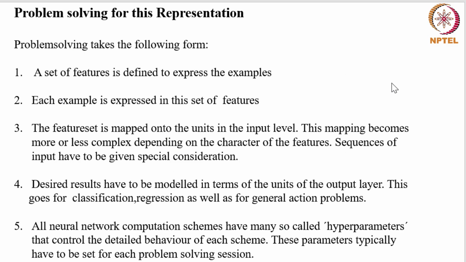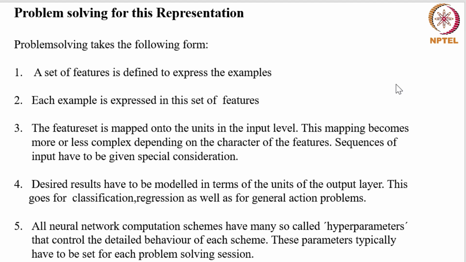So let's now look at how problem solving is carried out for this kind of representation. You hopefully now understood the basic functionality of the units. You have also basically understood the structural properties of this representation.